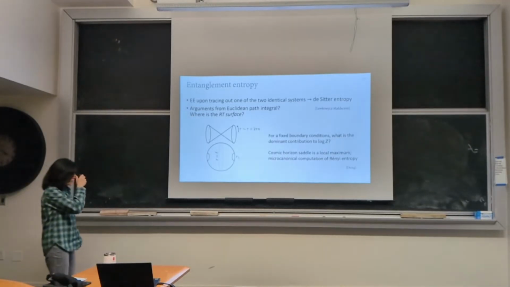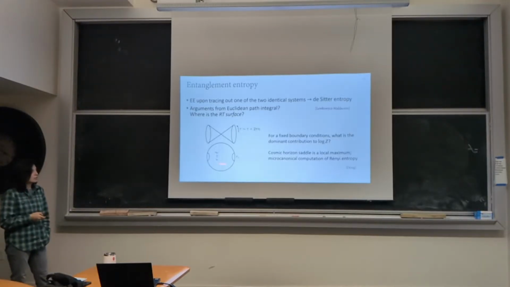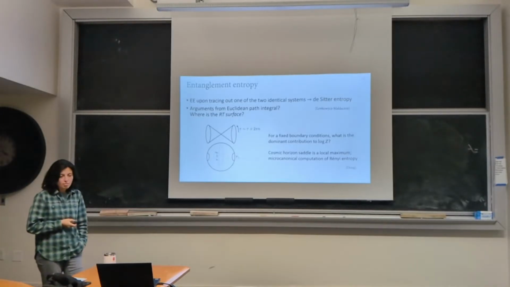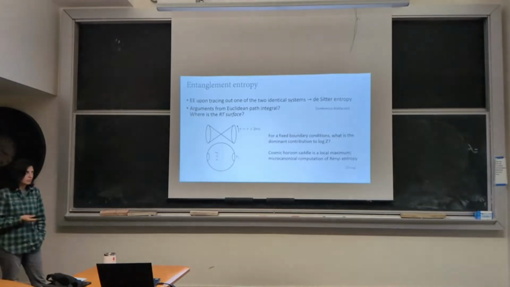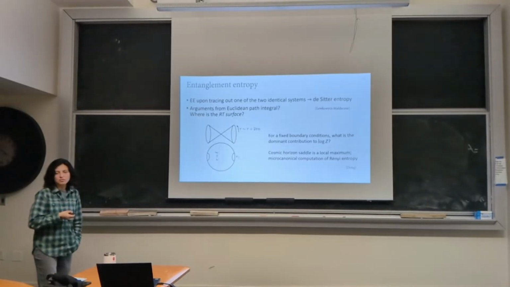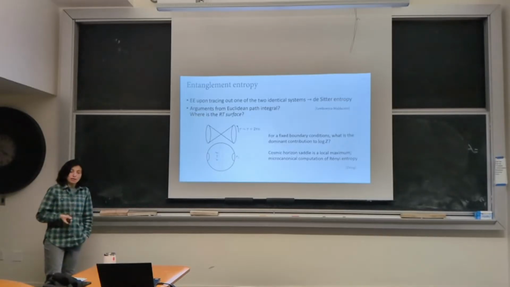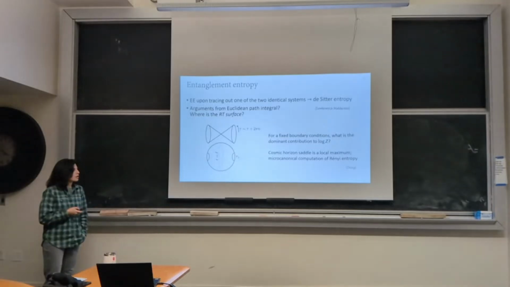That casts doubt on using this saddle in order to compute some Renyi entropy, for example. So maybe we should turn to a canonical computation. I mean, this Euclidean saddle being a local maximum is a generic feature when you work with classical saddles in the canonical ensemble.